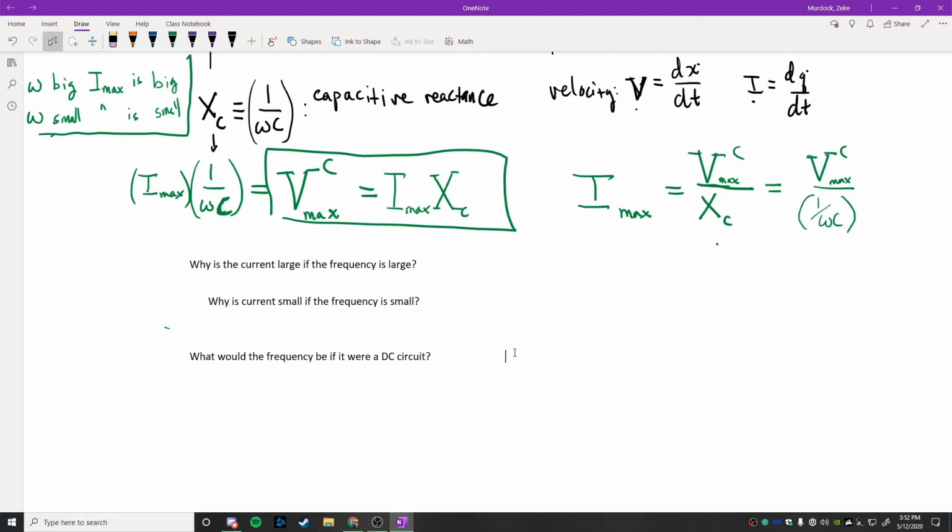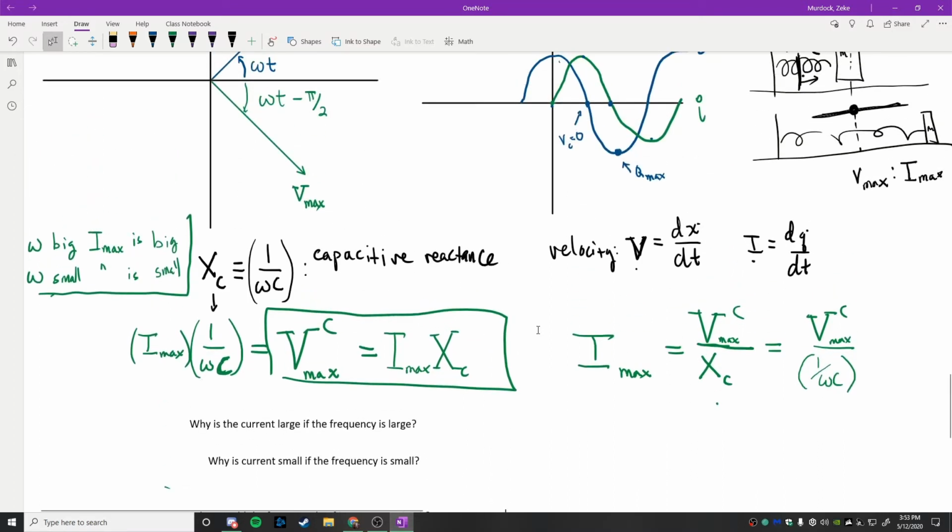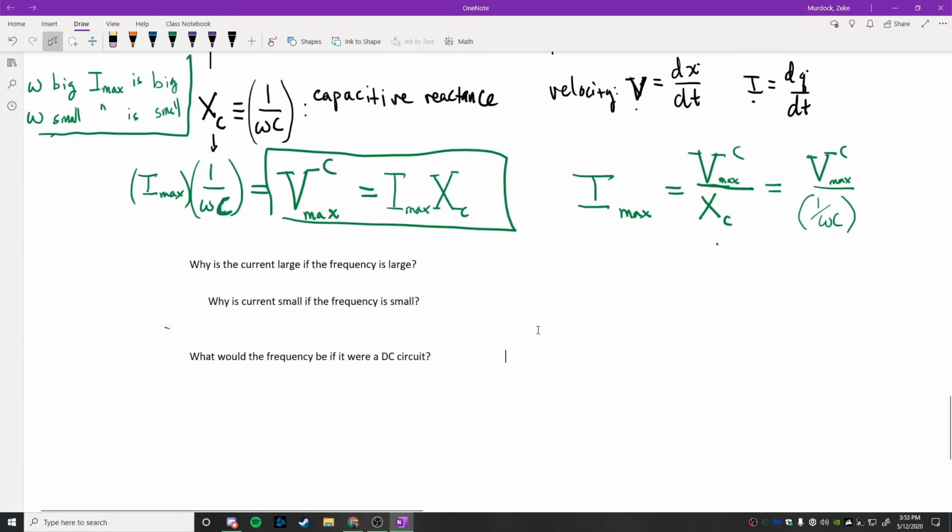How long would it take for it to repeat the cycle of turning on and off? What kind of frequency would we use to represent a DC circuit? How often does a DC circuit oscillate back and forth? It doesn't have frequency. Exactly. The answer is 0, right? Not 9, 0.